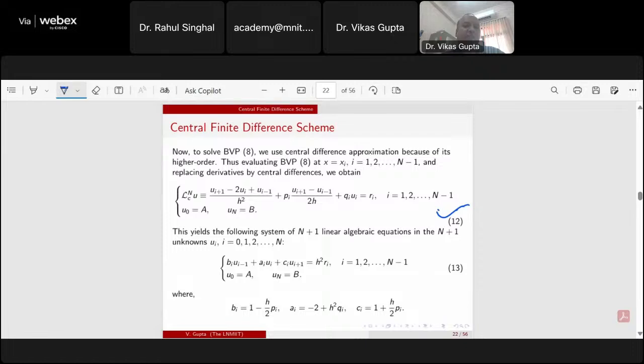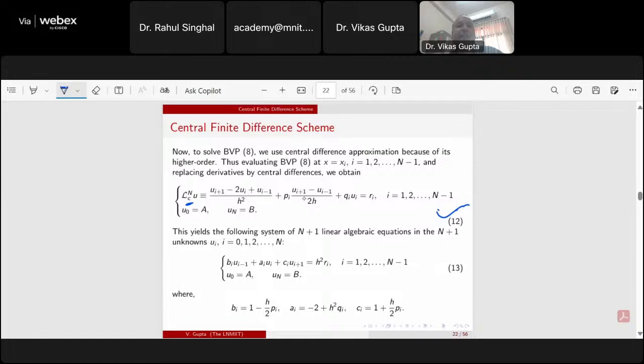Analogously to the continuous operator L, for the discrete operator we use the notation L_C^N for the discrete finite difference operator. So L_C^N u_i is equivalent to (u_{i+1} minus 2u_i plus u_{i-1}) upon h square. What is this? This is the central difference approximation of u double prime, plus p_i (u_{i+1} minus u_{i-1}) upon 2h. What is this?